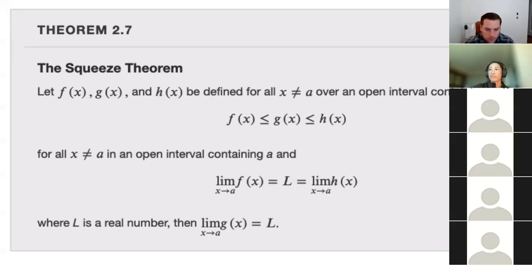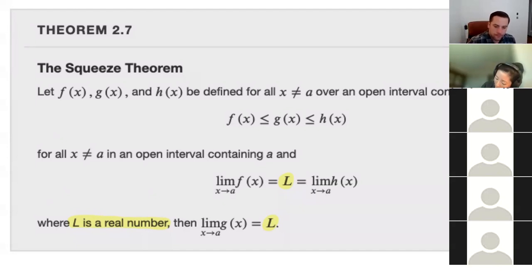This doesn't work if L is not a real number. Oh, okay, so there's something about L having to be a real number. Yeah. Okay, what about this: how many functions are we looking at? Exactly, three.